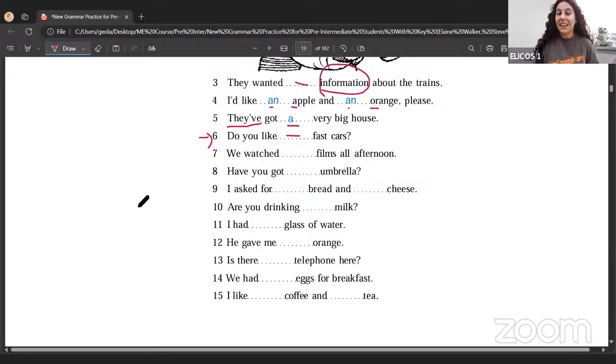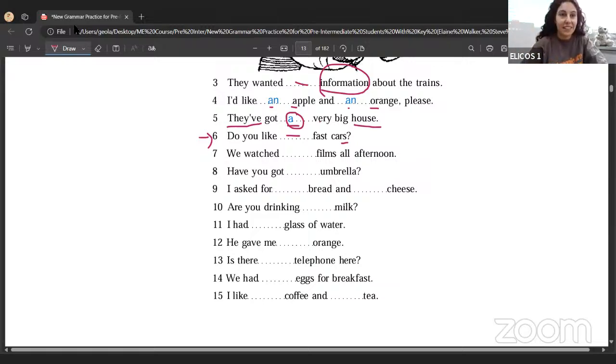Do you like fast cars? Because we know we don't put an article before plural. So it's just, do you like fast cars? You don't need to say, do you like a fast cars? Because it's plural. Only put a when the noun is singular, one.